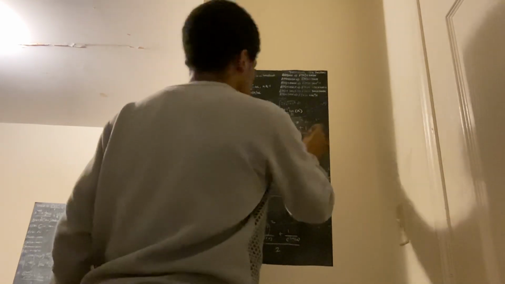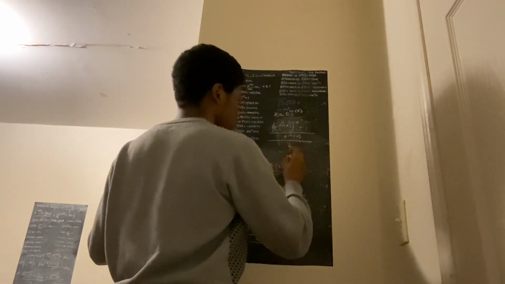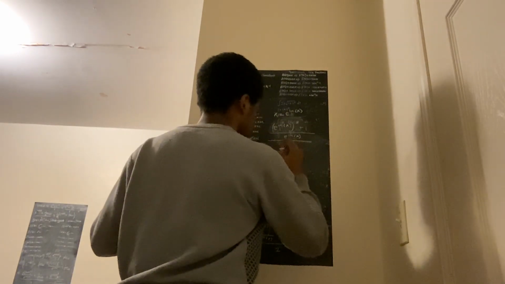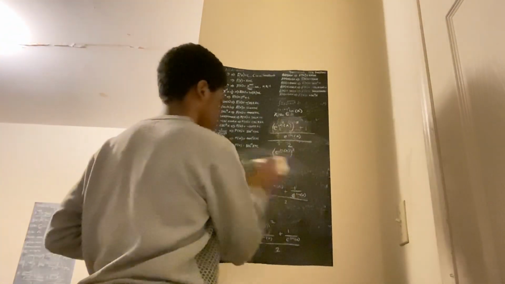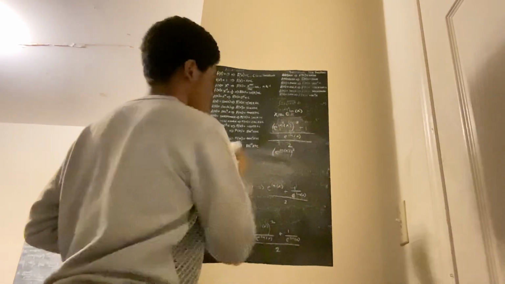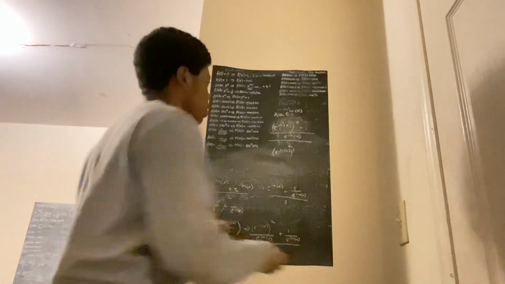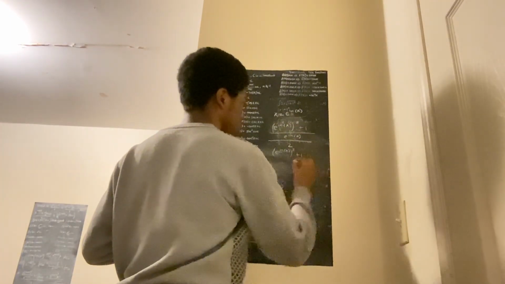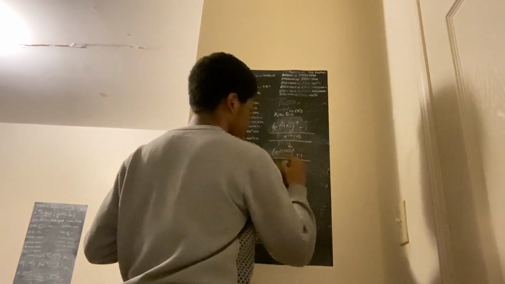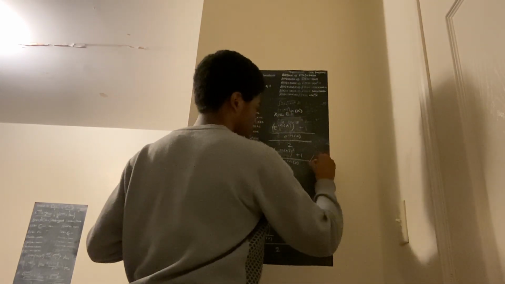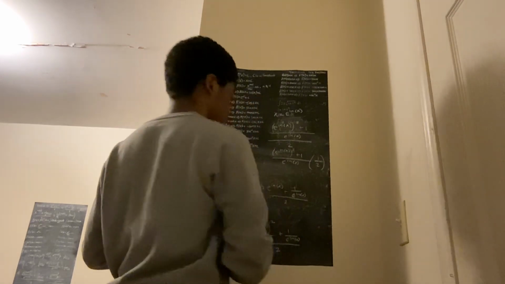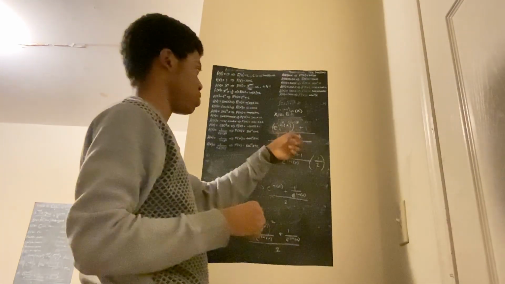But now we can simply write it as e to the power of ln of x squared, plus 1 over e to the power of ln of x, times 1/2, because of the denominator of 2.